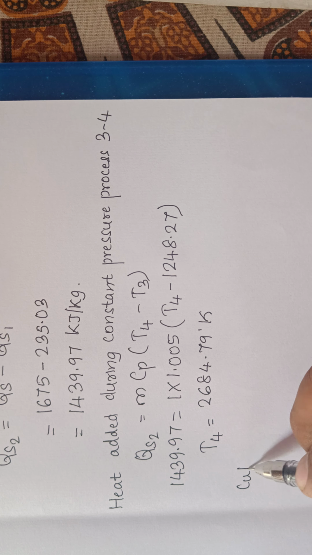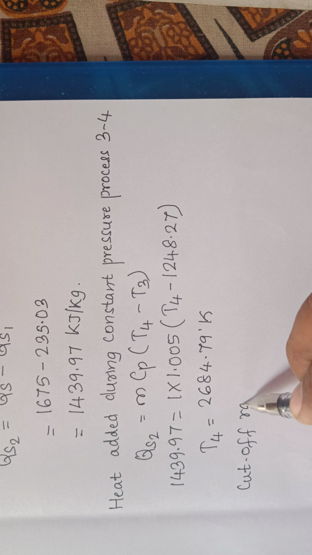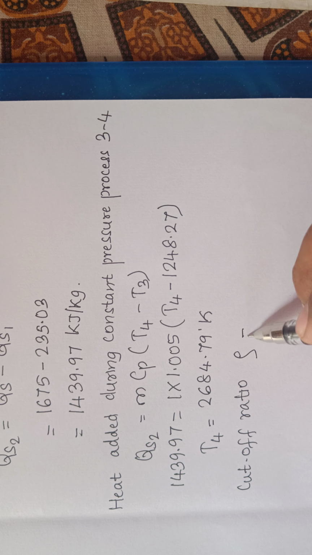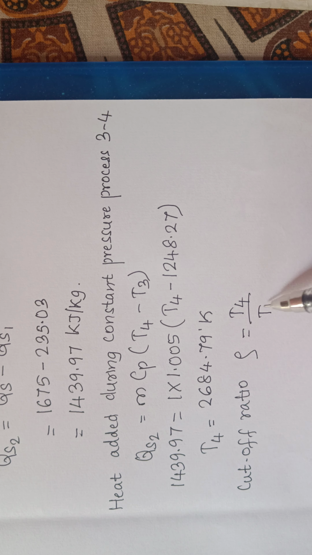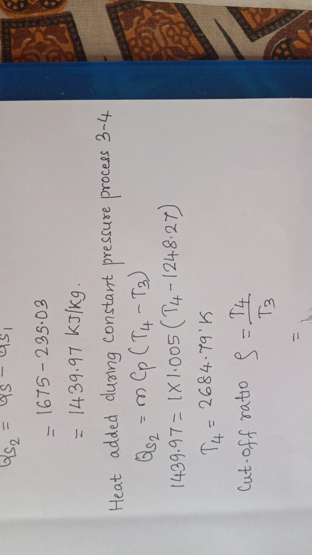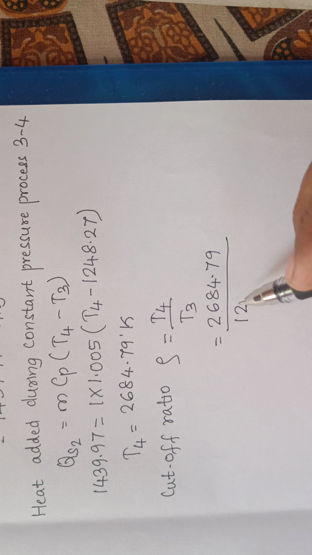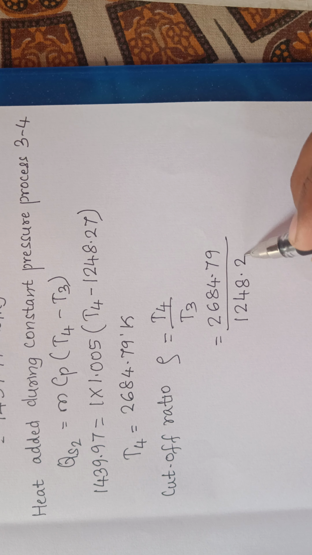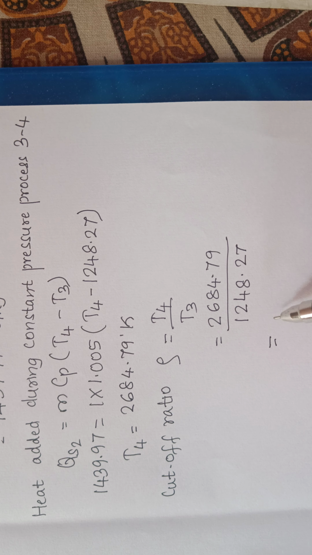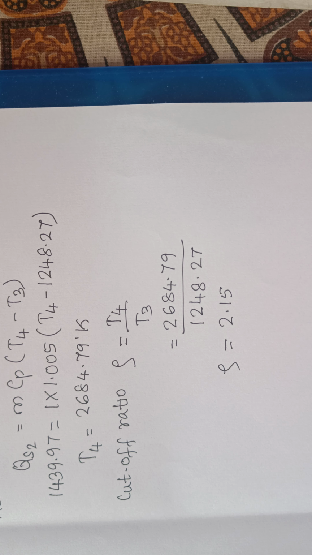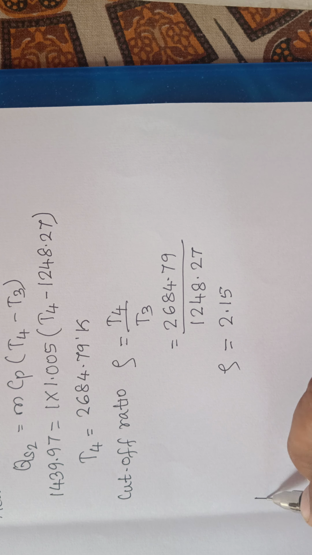Cutoff ratio rho is equal to T4 by T3, that is 2684.79 divided by T3, that is 1248.27. So you'll get the value of rho as 2.15.